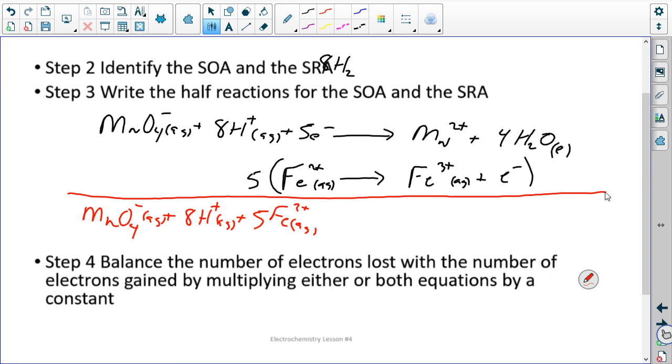I'm not going to write them down because I also have 5 electrons on the right-hand side. Oops, I need 5 of those. Forgot to put 5 of those down. So this is the balancing part. We have to balance using the number of electrons.